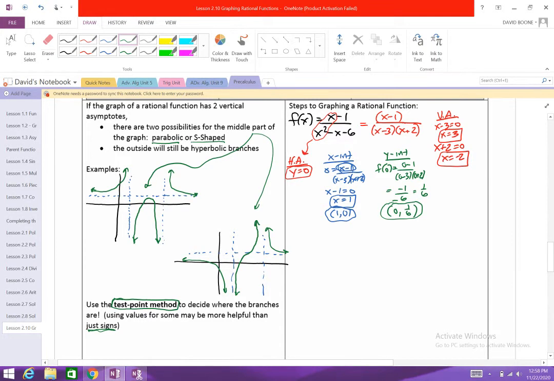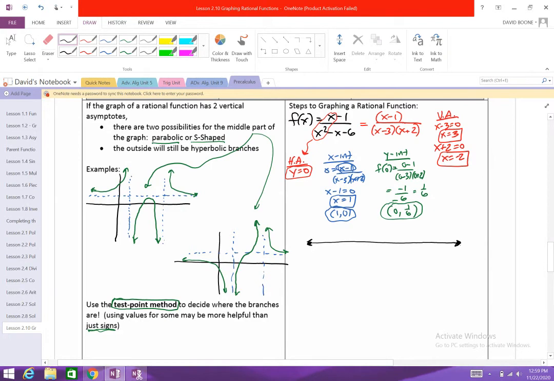All right. So in setting this up now, what I want to look at is taking these points, putting them on just a number line, using this test point method just to figure out how I'm going to start to graph this.